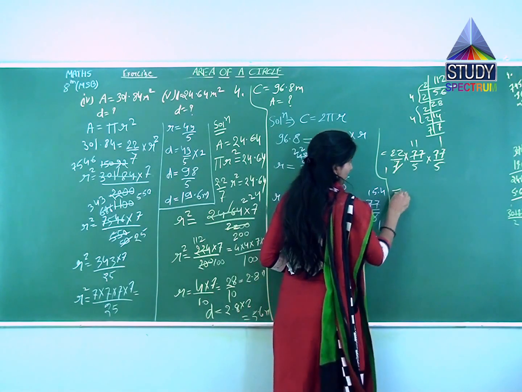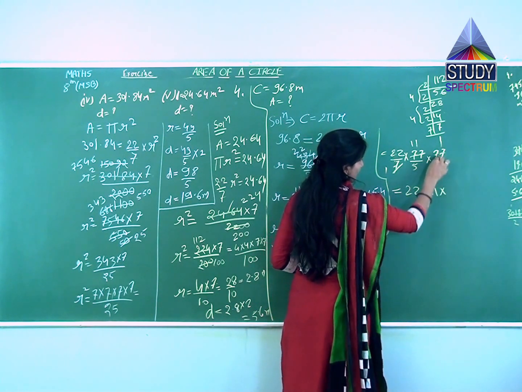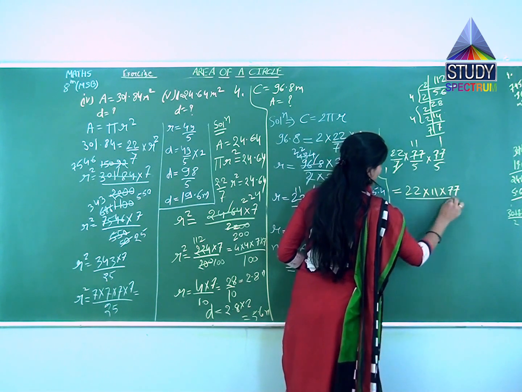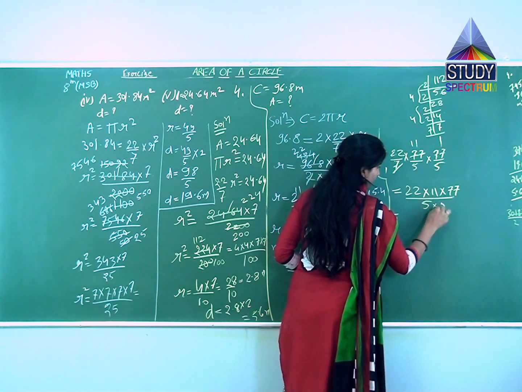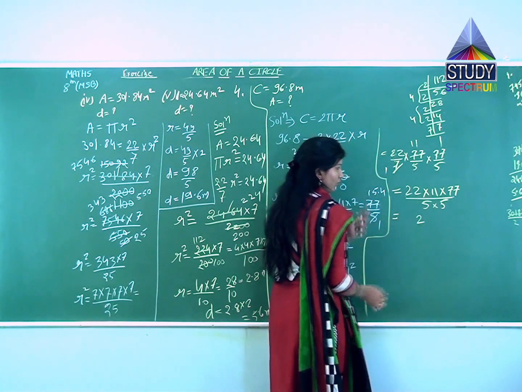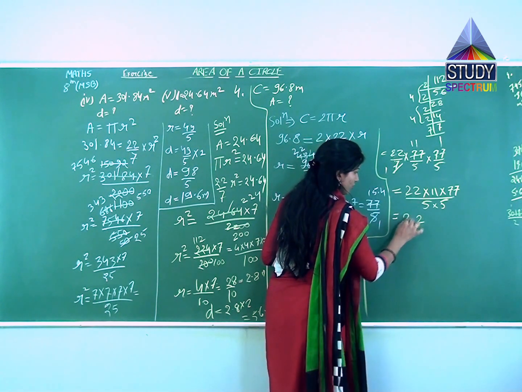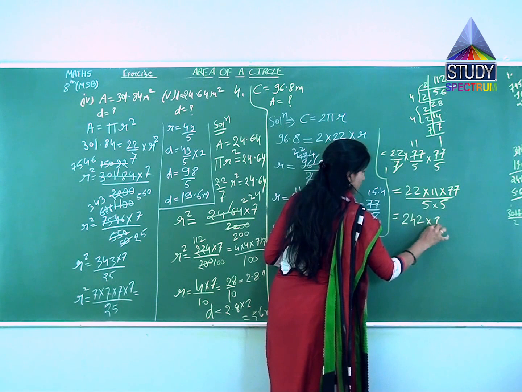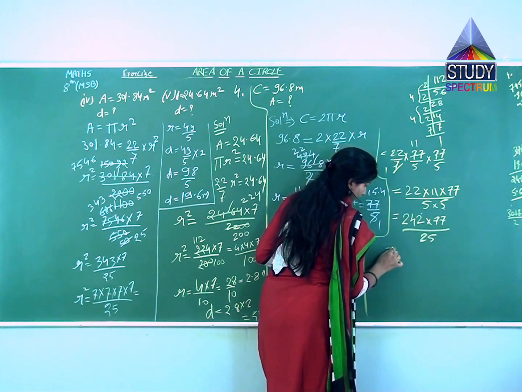Now in the next step, 22 into 11 into 77 upon 5, 5 into 5, 25. Now 22 into 11: 11 twos are 22, 2 carries, 11 twos are 22, 20 plus 22 plus 2, 24. Into 77 upon 5 fives are 25.